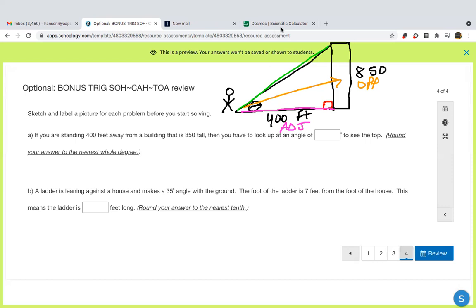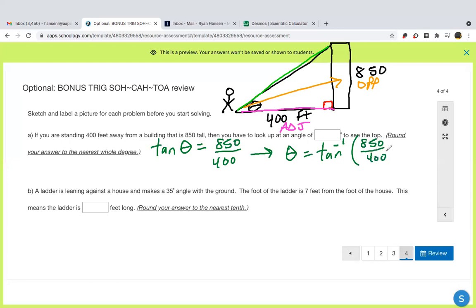Opposite adjacent is tan. Okay, so your work would be tan theta, unknown angle, equals OA, opposite over adjacent, 850 over 400. But remember, when you're finding the angle, you must use the inverse. Tan with the little -1 nomenclature, parentheses 850 divided by 400.